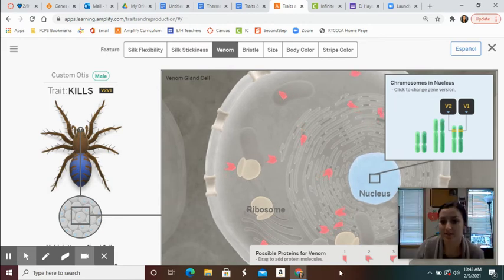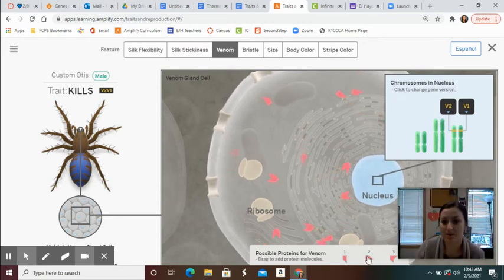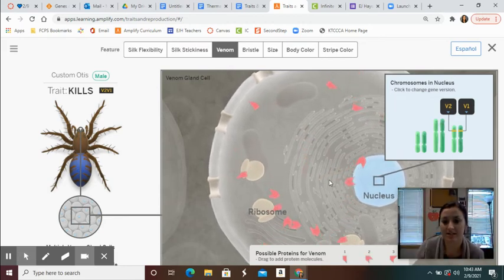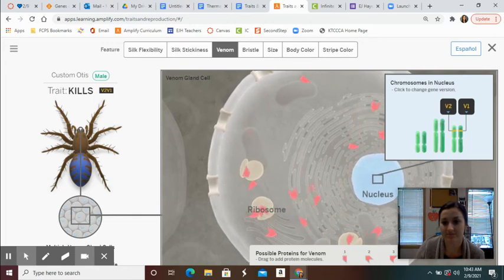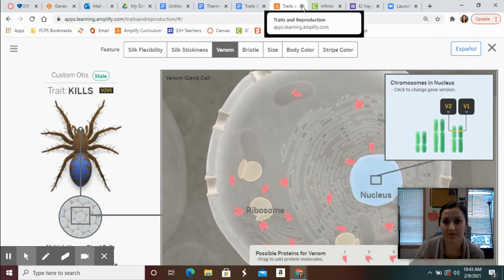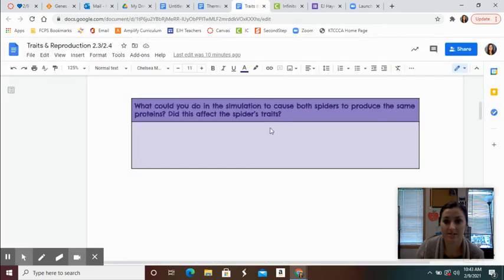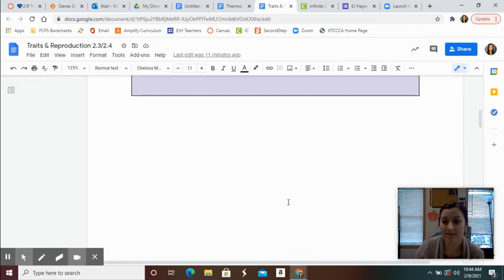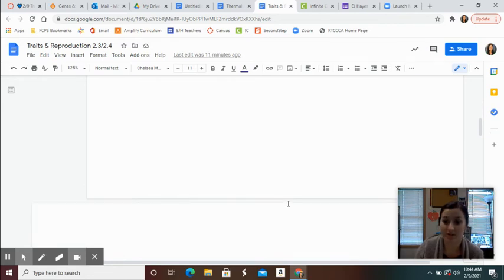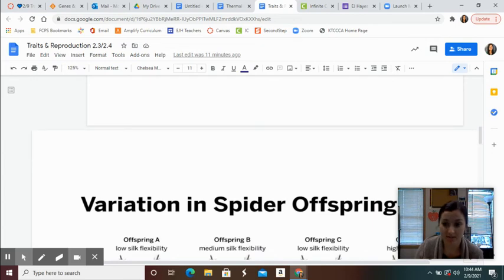The other way that you could do that is you could pull the proteins from down here and pull them in to see what happens. So those are those two versions. And then sometimes it might affect the spider's trait, sometimes it might not. You need to tell me based on what you did with your feature and which spiders you chose.